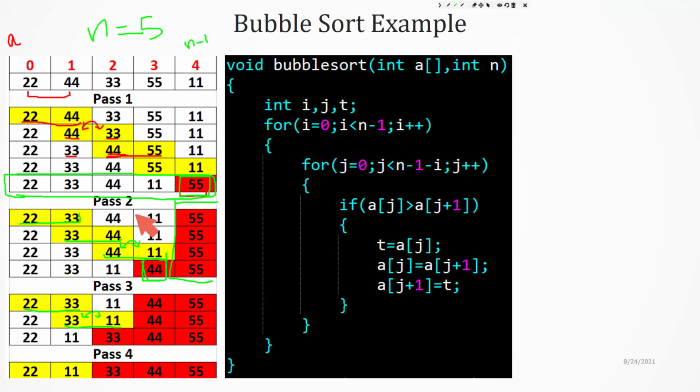Similar to the earlier case, we will not consider 44 and 55 because they are already sorted. Now we are in the third pass, so the third largest element will be in the third last position. Only two more elements remain, so there will be only one comparison, 22 and 11.